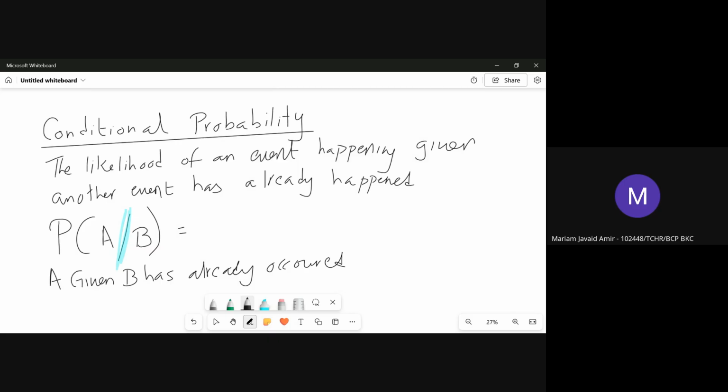This is read as A given B. Probability A given B का formula होता है numerator has probability A intersection B divided by probability of B. This is the formula for conditional probability. Numerator में you have their intersection and in the denominator you write the given event.